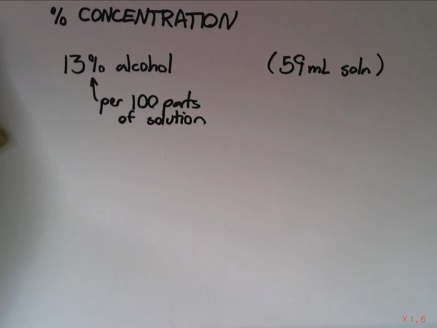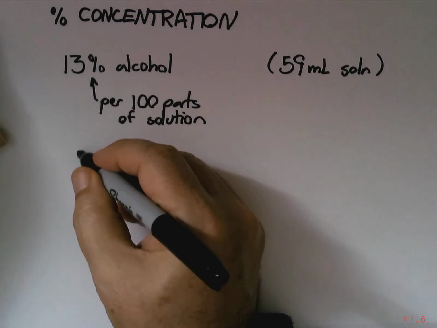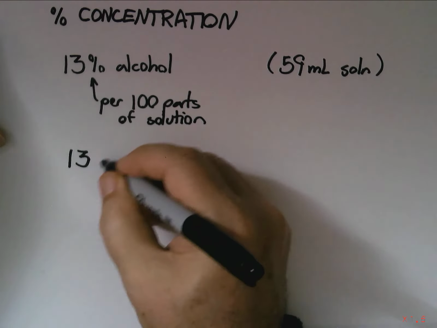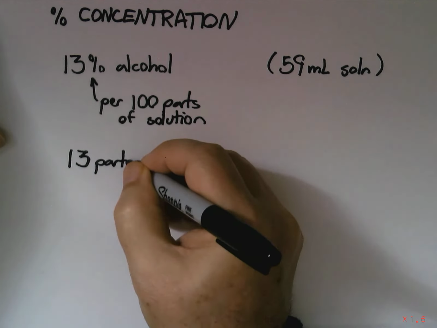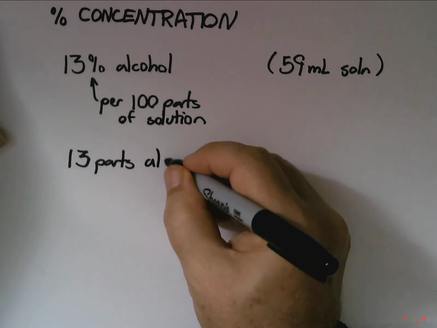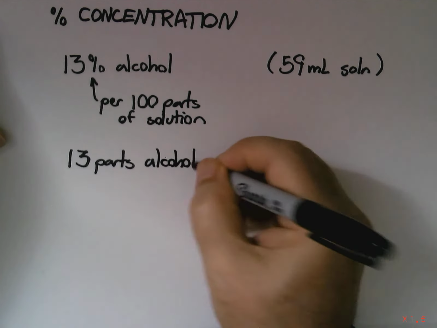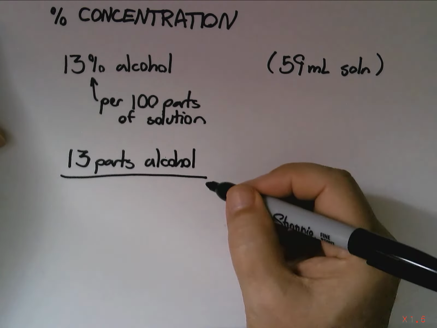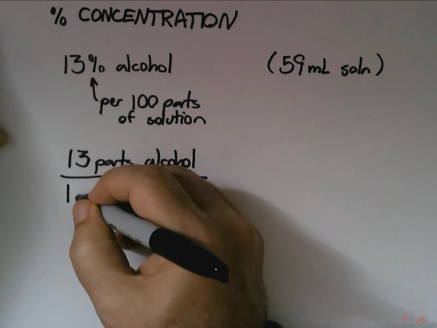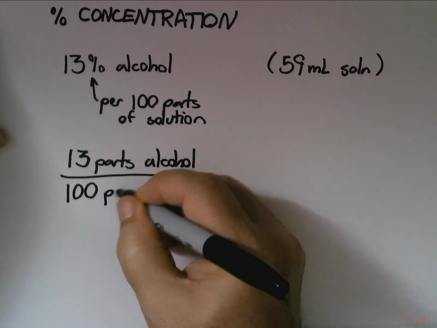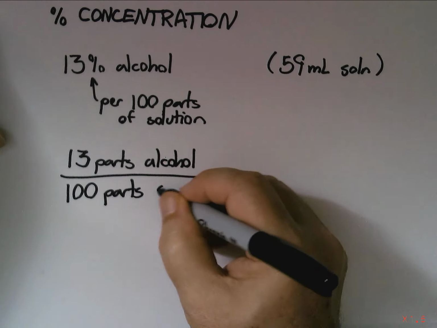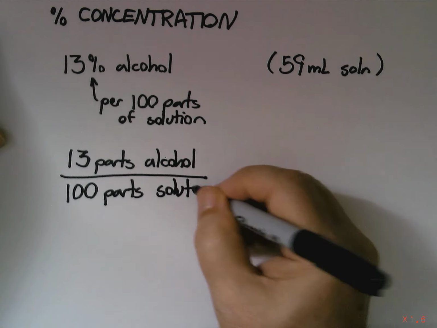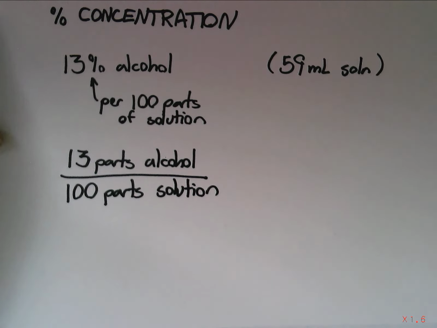Let's write that a different way. What this means is that you have 13 parts of alcohol per, divided by, 100 parts of solution. The vanilla extract is the solution in this case.